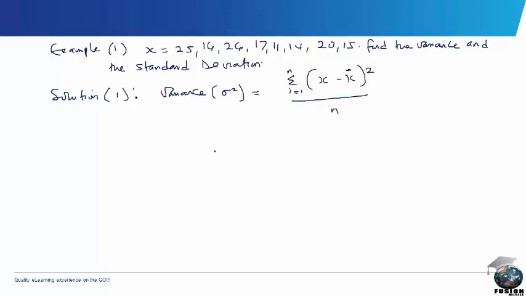And so we have to make tables again to accommodate x minus x bar, squared, then sum, and then divide by n. This time around we'll be having this table, with columns.